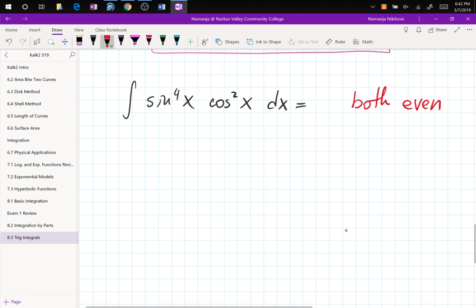You can use power reducing formulas. Now let me make that much worse: nested power reducing formulas. Yes, because your fourth power is a square squared. So that's nested power reducing, multiplied by the cosine squared over there.